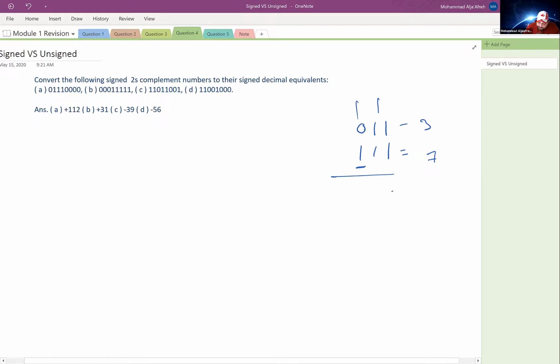So this is 0 and 1, 1 and 1, and that is 0 and 1. So that is equal to 10. And it makes much sense when I do the addition here, because 3 plus 7 is equal to 10.